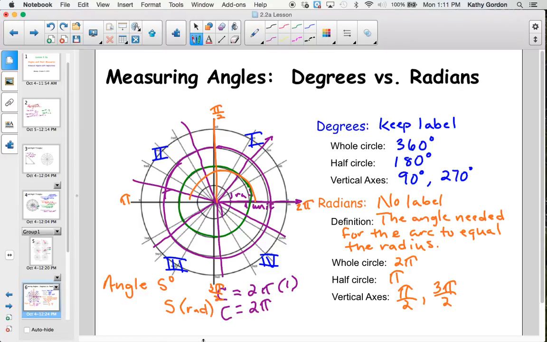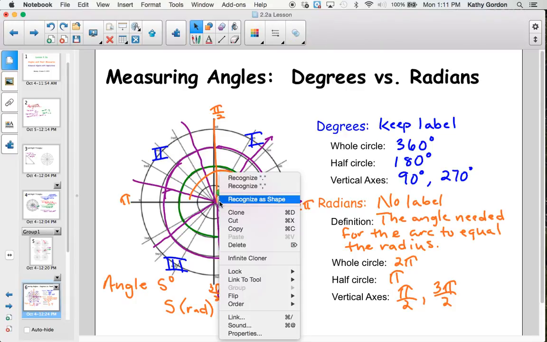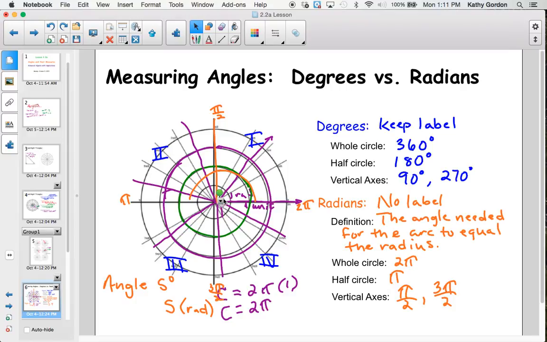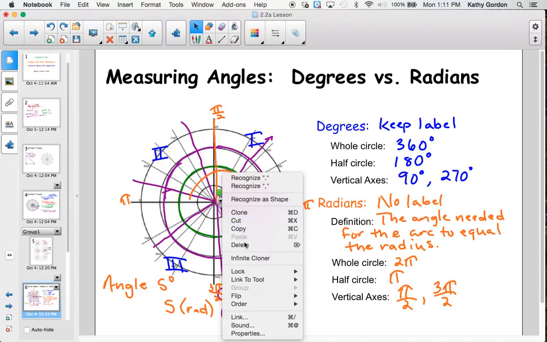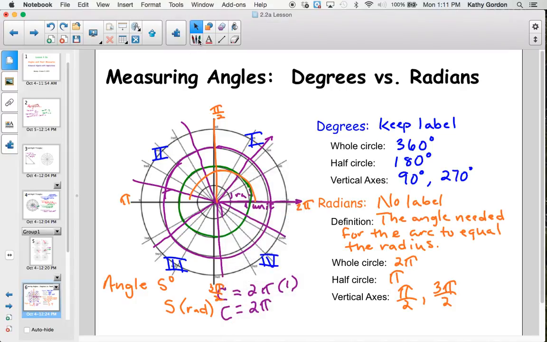And they are completely different. 5 as degrees is going to be something maybe about right here. That right there is 5 degrees.